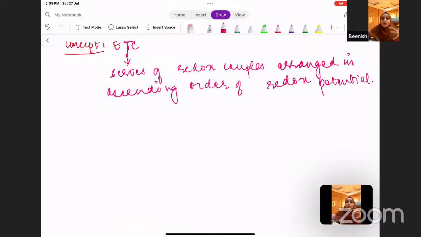So what is an electron transport chain? If you define it, it is a series of redox couples arranged in ascending order of their redox potential.